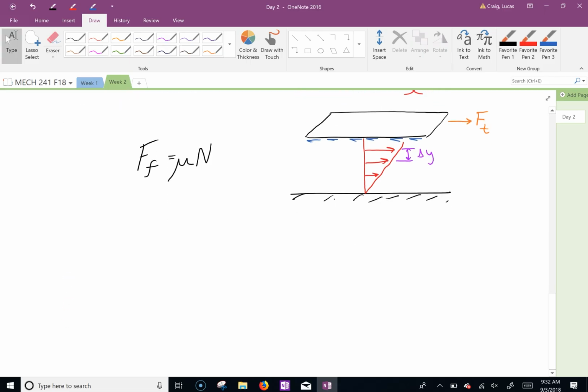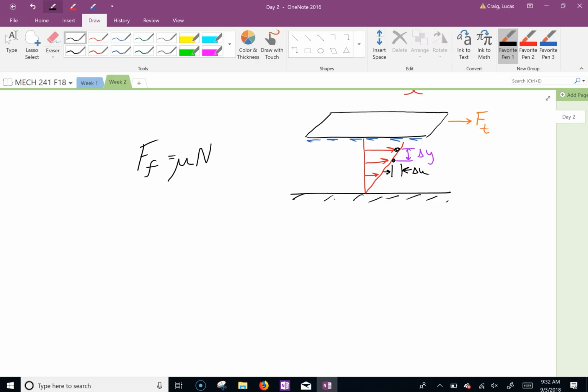If we go down a little distance, we call that delta y. And if I go from that left black dot to the right black dot, we moved how far?